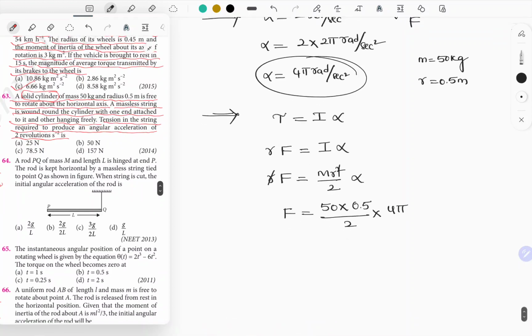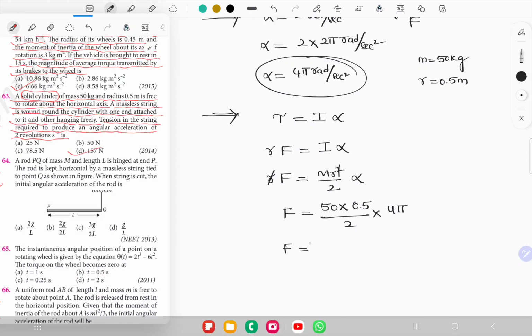If you cancel all these things, 0.5 is nothing but 1 by 2. It is going to be 50 by 4, the 4 will get cancelled out, so you are going to get 50 into pi. Pi is 3.14. Pi into 50 is going to be more than 150. So whatever option matches, the approximate value is 157.